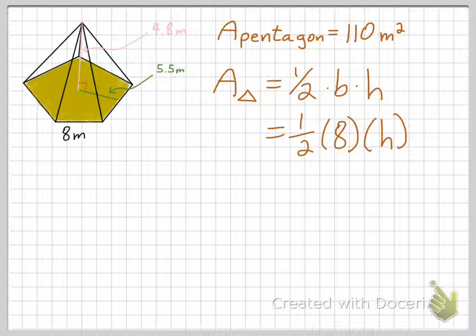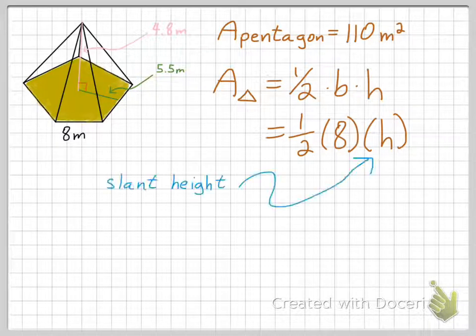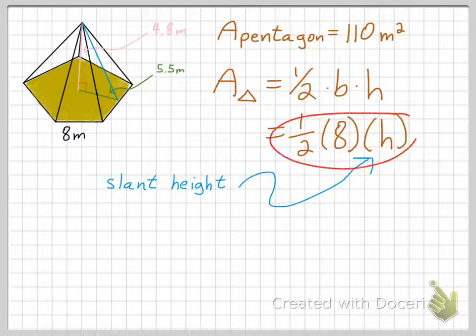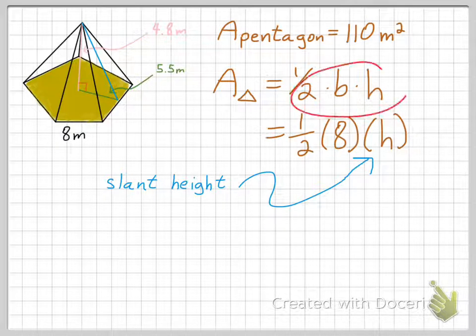Remember, slant height is what I'm looking for, which would be that bluish purple color. What is the slant height of this three-dimensional figure? That's not explicitly given to us, and we need that because the formula for the area of a triangle is 1/2 base times height.